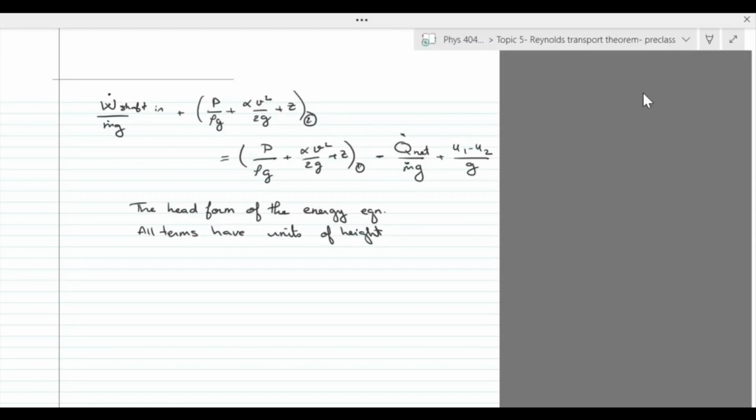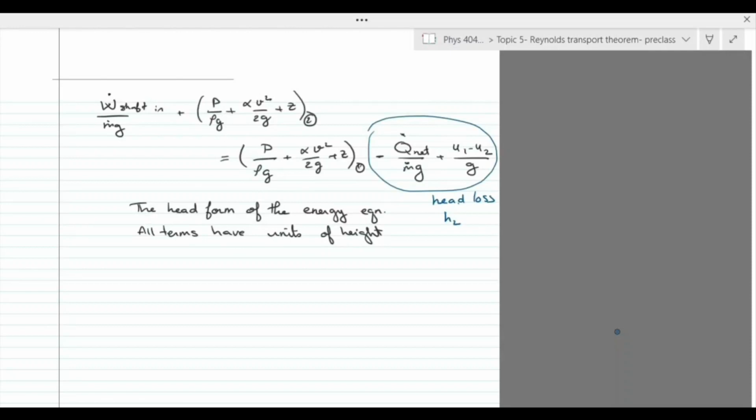Now I'm going to define a quantity here which will be equal to the sum of these two terms. I will call it the head loss, HL. This is basically going to be the head that will tell me about irreversible processes which will cause some lost energy due to friction.